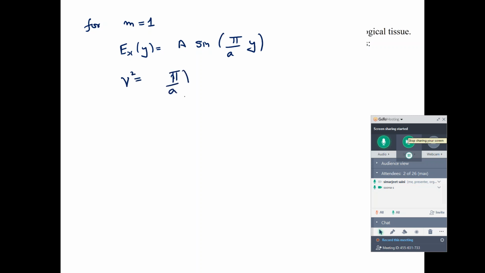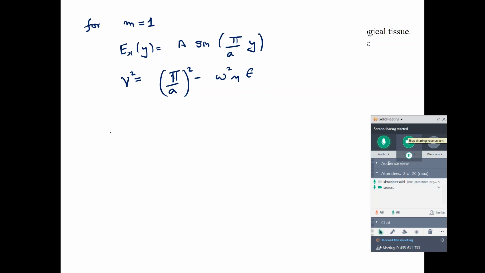Let's put this in a picture. If m is equal to 1, my function E_x(y) is a sine of pi by a y, and my gamma square is (pi by a) square minus omega square mu epsilon.